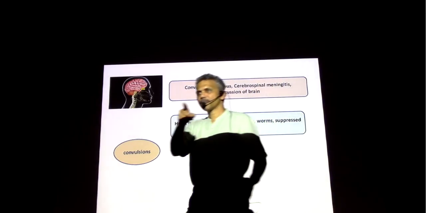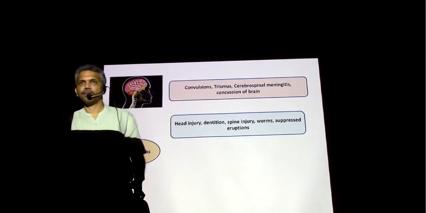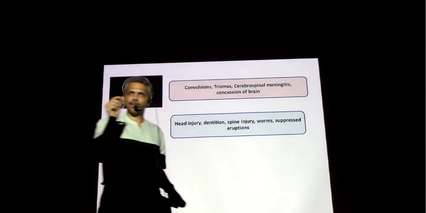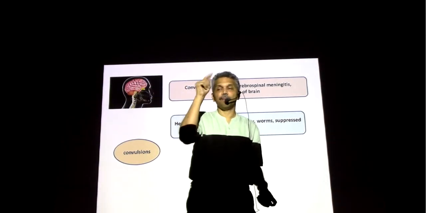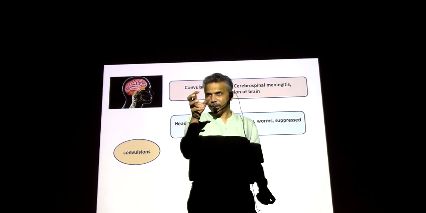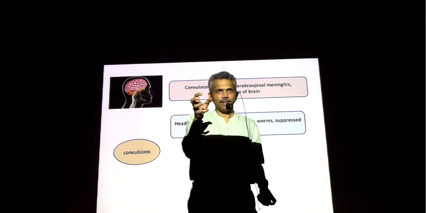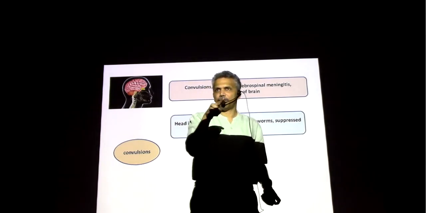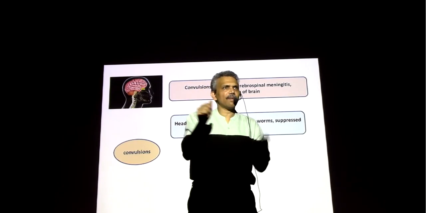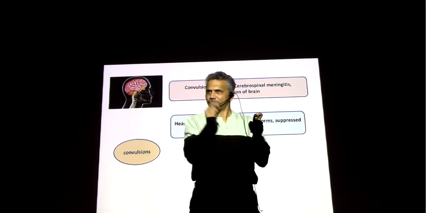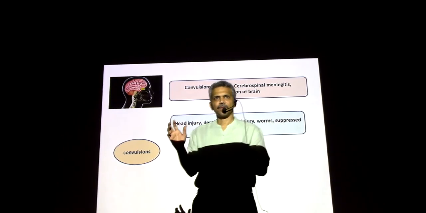In Plumbum, there is sclerosis. What do you understand by the word sclerosis? Good, hardening. Cirrhosis of the cerebrum. The cerebrum becomes hard, or there is a tumor in the cerebrum. And secondary to this, you will have convulsions. That is Plumbum.